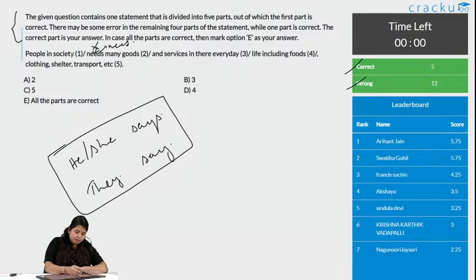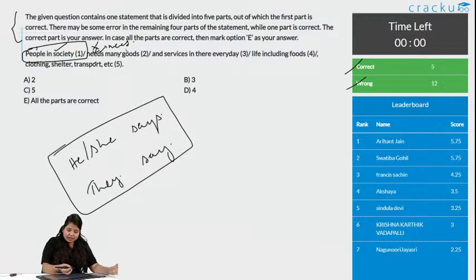So, people in society, people is collective, not just one person but a lot of people. So, it should be need many goods. So, we know one is correct, so we are not changing people to person, as this part is already correct. 2 is wrong, needs should be replaced by need.